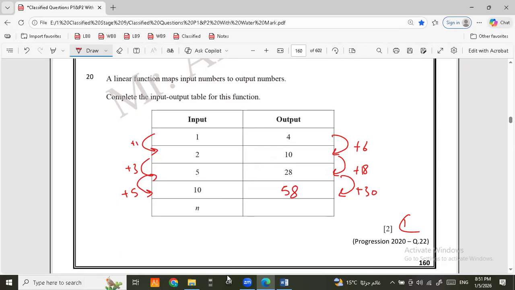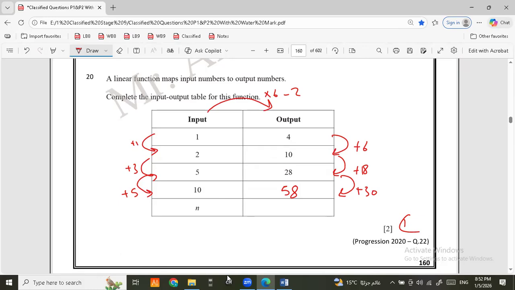Medium level. Okay, but the n is a little bit hard, to be honest with you, and a little bit tricky. You should notice that what happened here is that you multiply by 6, and then you minus 2. So from the input to the output, I multiplied 1 by 6, so it gives me 6.